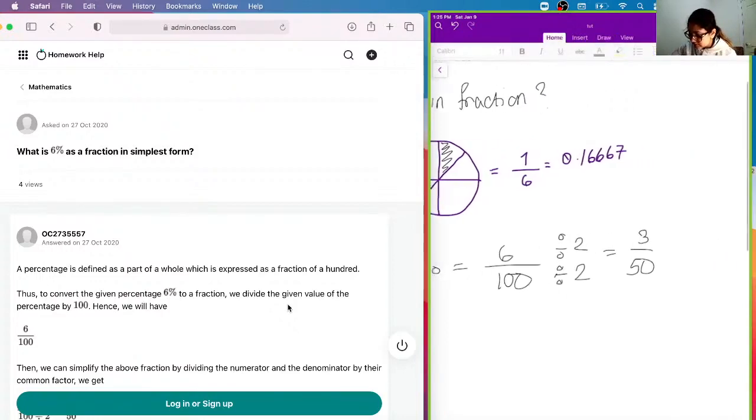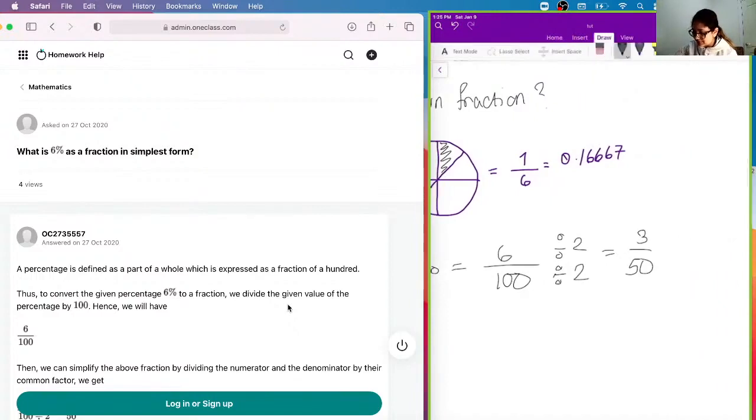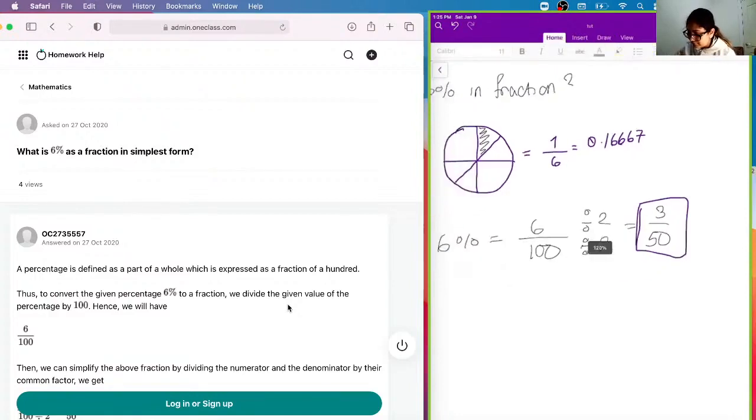And so you get 3/50, and we want to see if we can simplify this even more. 50 is not divisible by 3, so this is basically your simplest form. And so therefore the percentage 6% when written as a fraction is equivalent to 3/50.